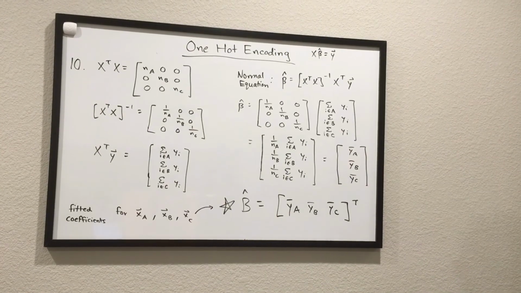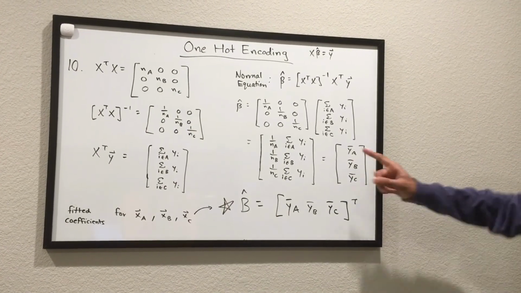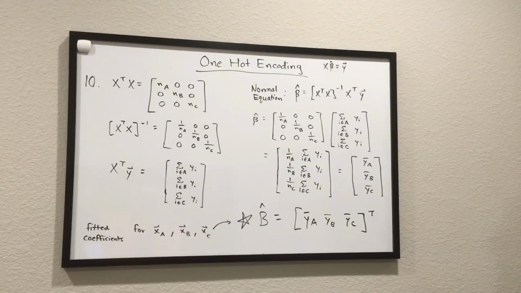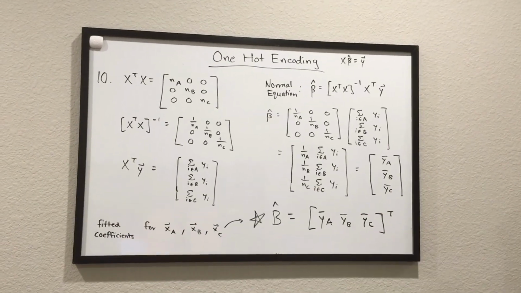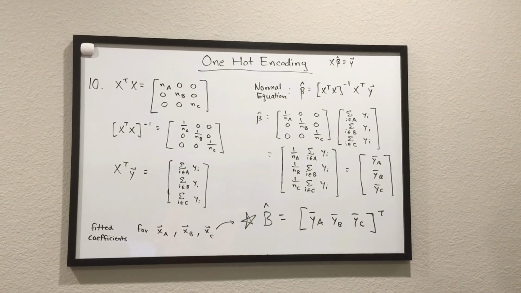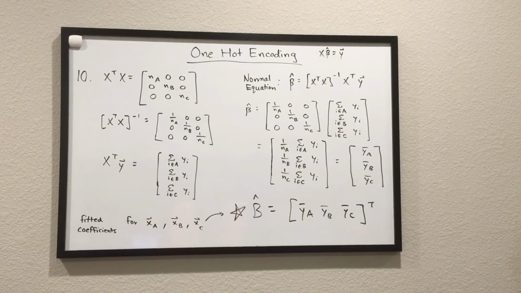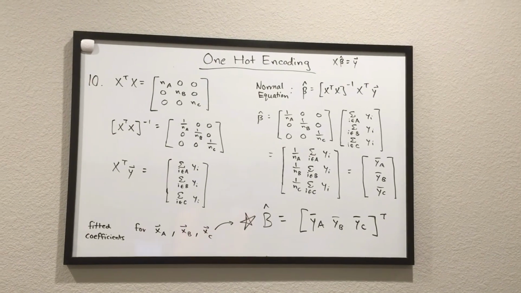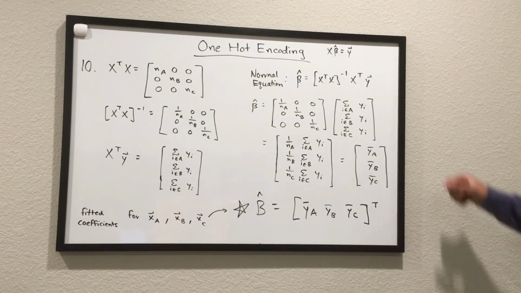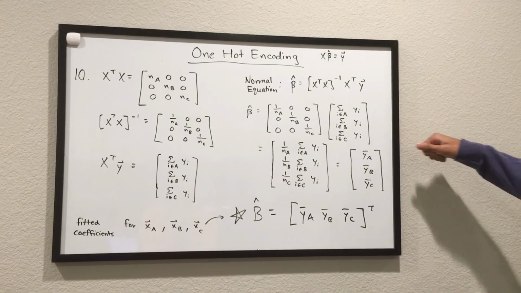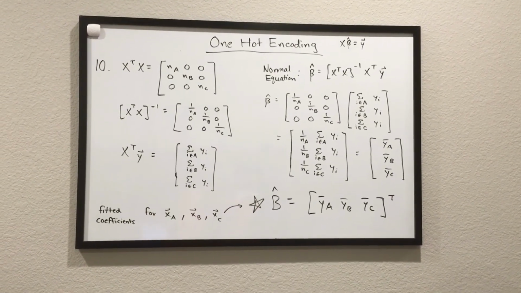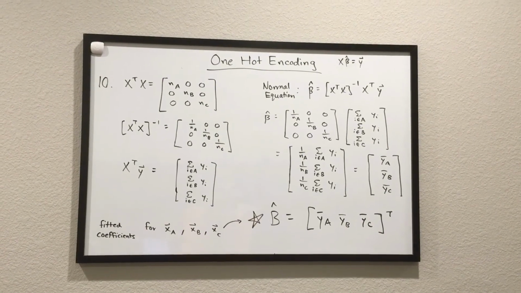The second element is the average of the elements of y where we originally had a B, and the last element is the average of all the values of y where we originally had a C. And so our optimal vector of weights beta is actually just the average of the corresponding labels for each different type of observation that we had.